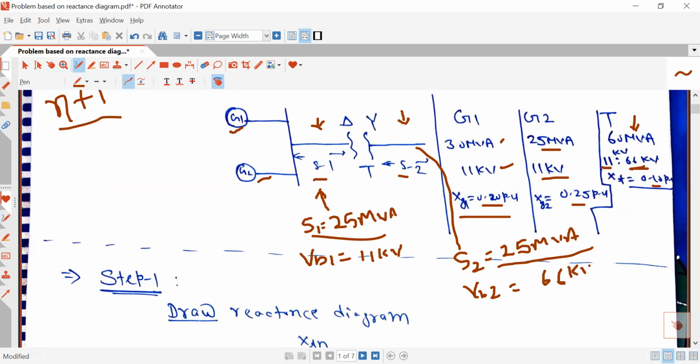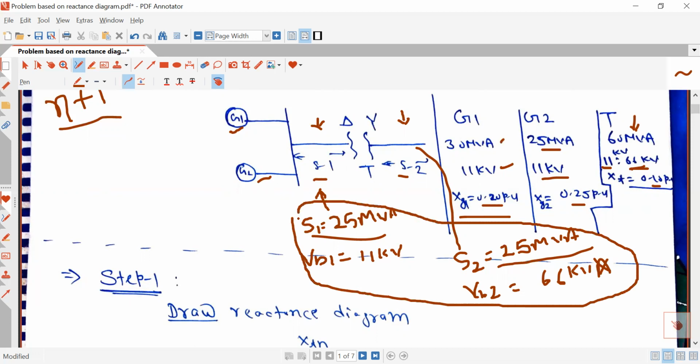So this is the common base for entire power system. And on this base value, you have to convert this reactance. And then this reactance value will be substituted or put on reactance diagram.